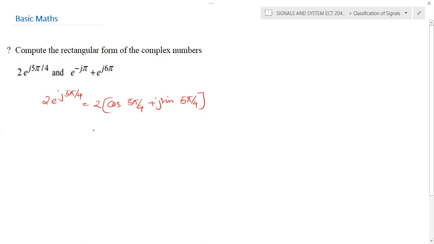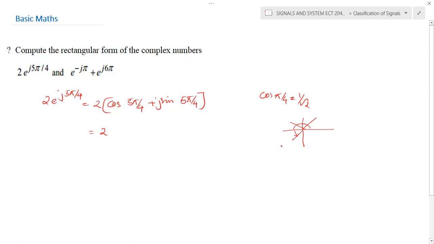Okay, so 2 into, and cos pi by 4 is cos 45, it's 1 by root 2. And if you take 5 pi by 4, this is pi by 4, this is 2 pi by 4, this is 3 pi by 4, this is 4 pi by 4, and this is 5 pi by 4.